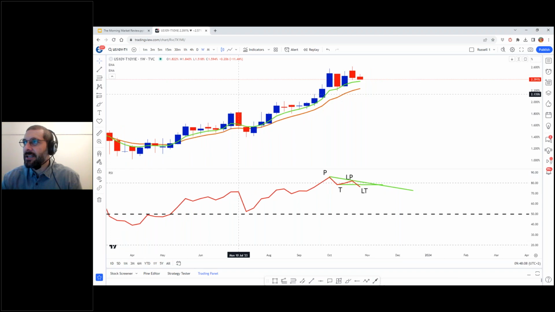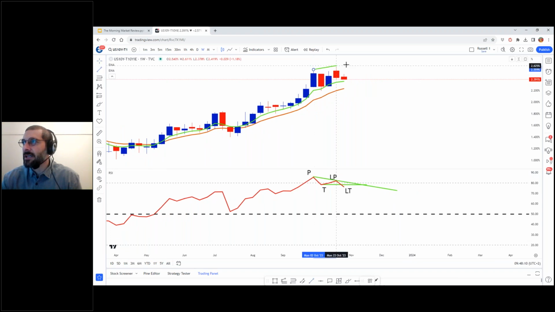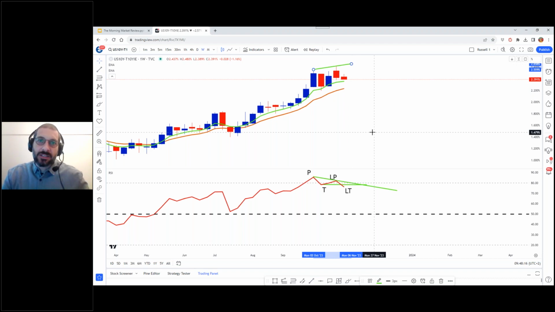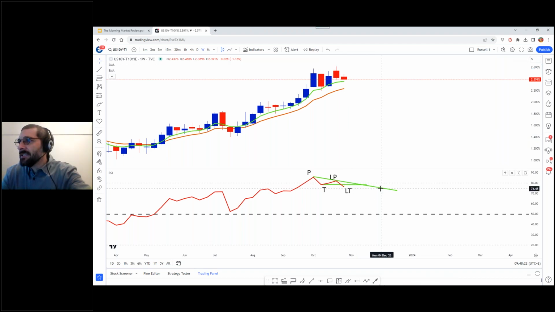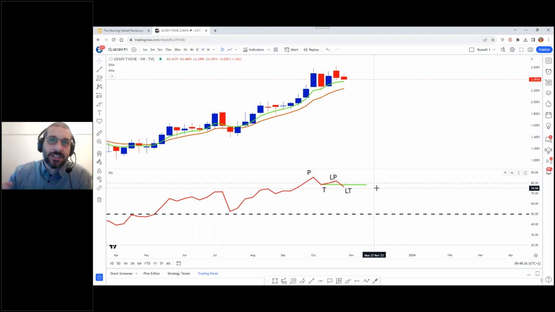But I remember specifically when I learned the theory on RSI, failure swing was specifically mentioned. So we've got this failure swing taking place, which perhaps suggests also that there is a top in the real yield.